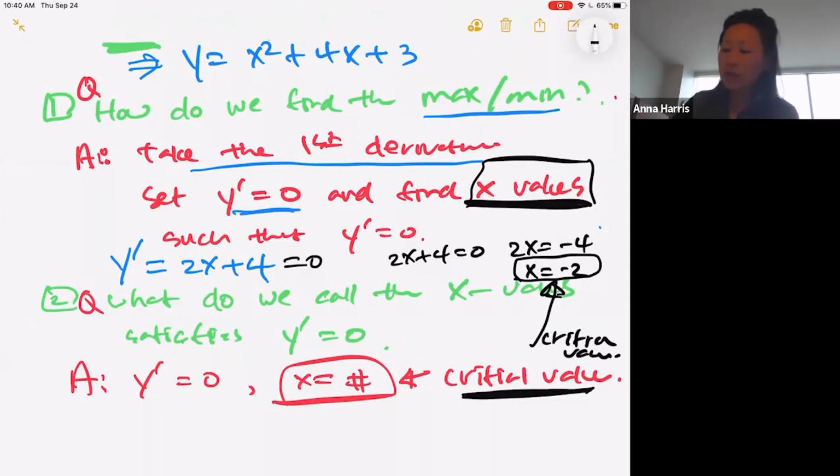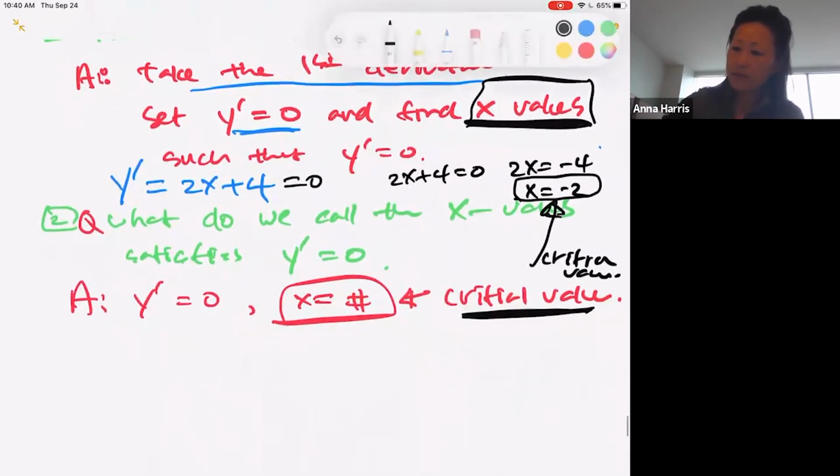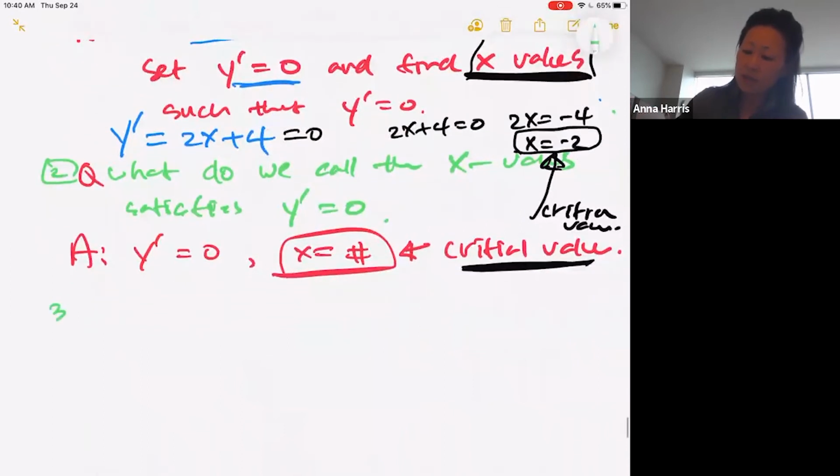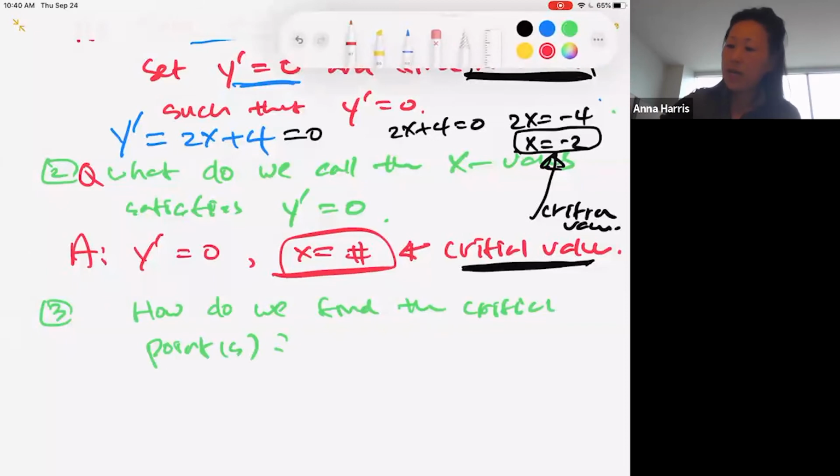All right, next question. How do we find the critical point or points? What's my answer then?